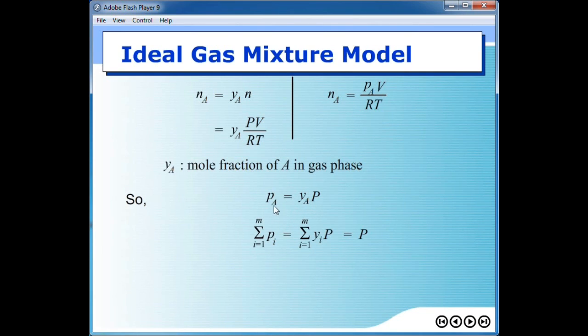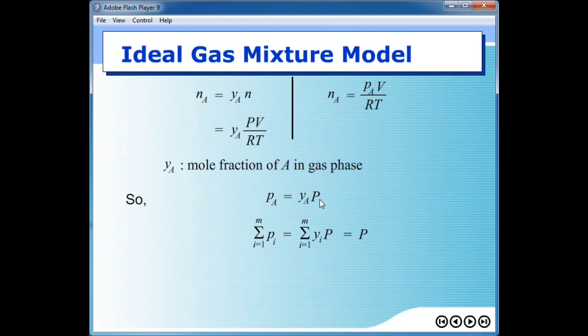So this equation gives you the way to calculate the partial pressure of the species of your interest based on its concentration and total pressure. If you calculate this partial pressure for all species and combine them, you get the second equation here. The summation of partial pressure would equal the summation of the right-hand side here.